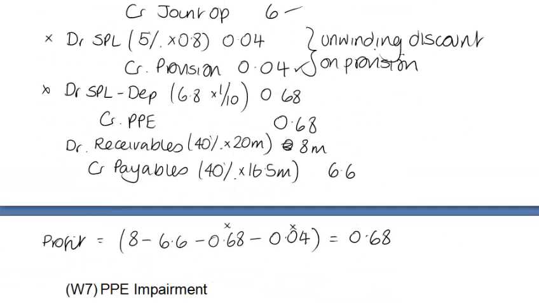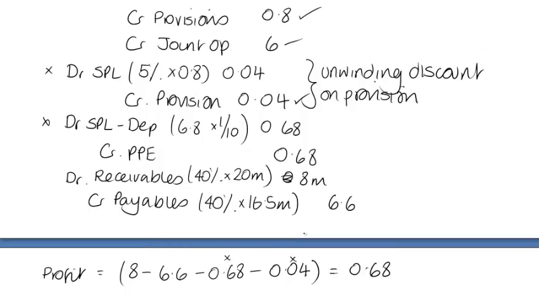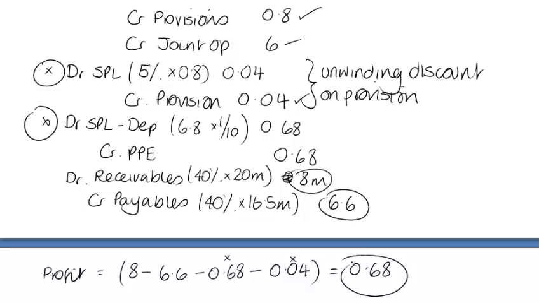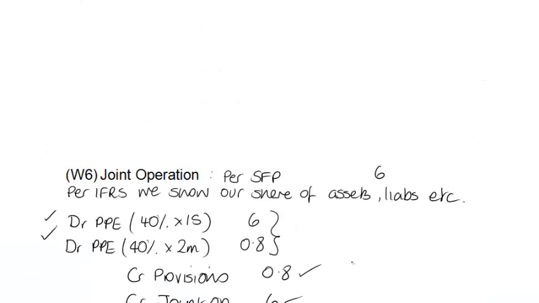So all I've done is that the reason why it doesn't balance as such is that this one and this one and this one and this one are all going to flow through into a single entry of 0.68, which goes into my group statement of profit or loss.